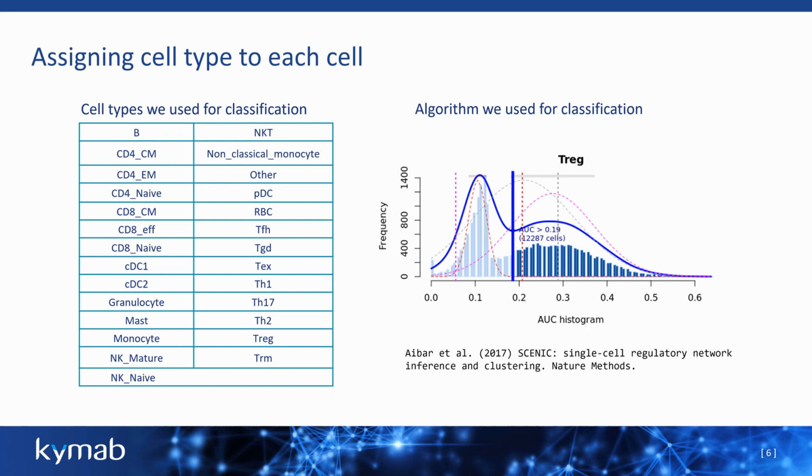So we opted for a different approach, looking at it from the other end. We assembled gene expression signatures for 27 different cell types. We tried to be as broad and as comprehensive as possible.